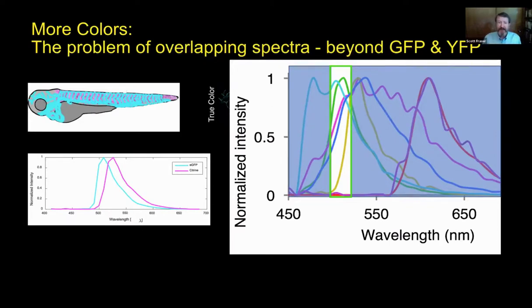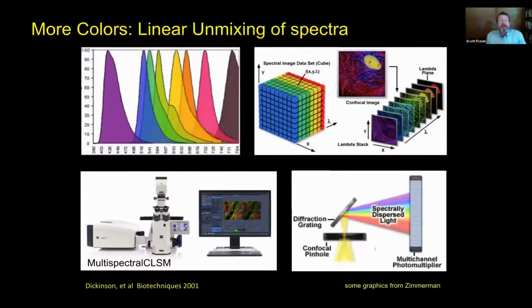To get around this problem, we were able to adopt the approaches that have been developed by the remote sensing community, the people that fly satellites and interpret their images, to collect an image cube. In this case, the image cube is X, Y, and lambda as the third dimension, by adding a spectrometer to the confocal microscope.